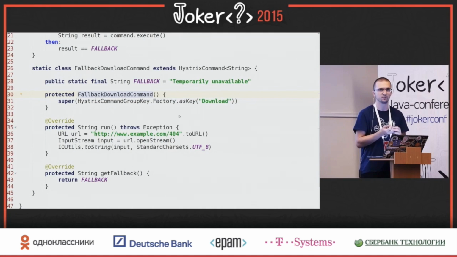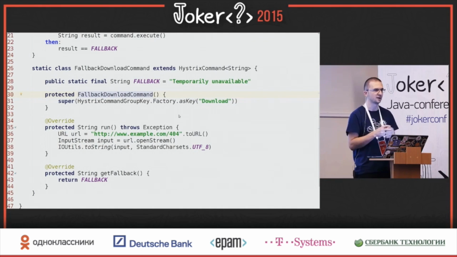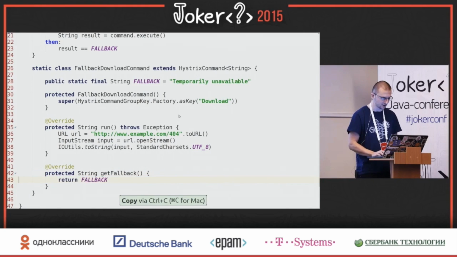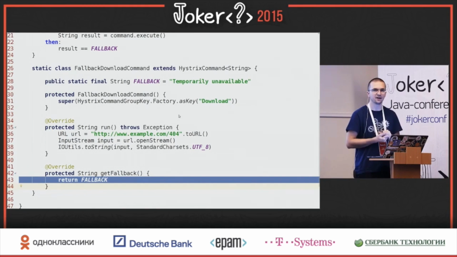You can just display an empty box on a user interface, or you can just have a small label saying that your personal recommendation is not available at the moment, so here are the best sellers. So this is what fallback is all about, and the concept is so simple that I won't even bother explaining it in much detail. Pretty much, if the command fails, rather than propagating an exception, we return a fixed value or some fixed response or whatever.